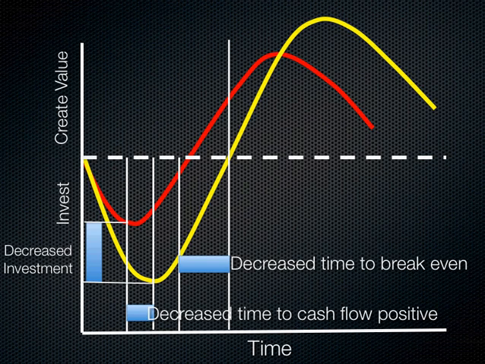Now, what makes the red and the yellow curves different is that the red project breaks even sooner than the yellow project. So we had a more substantial investment in IT in the yellow project, and it took longer for it to break even, whereas the red project, we didn't have quite the investment. It didn't take as long to break even.